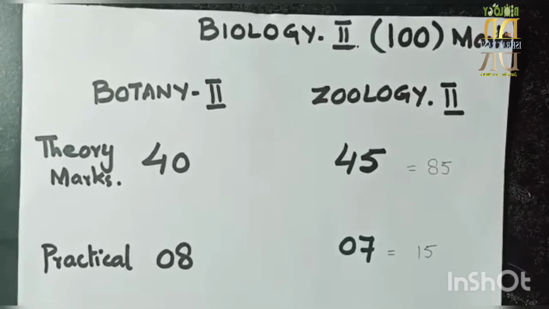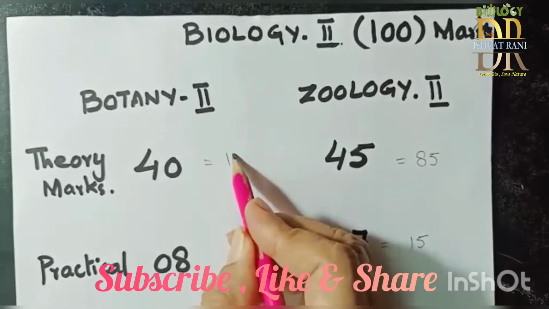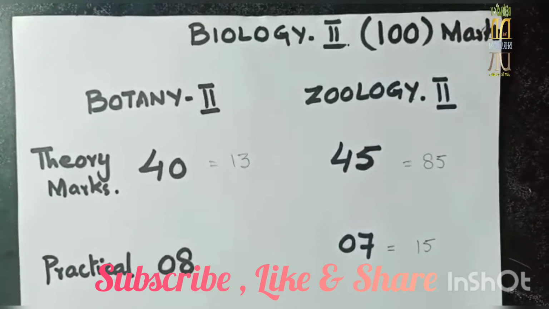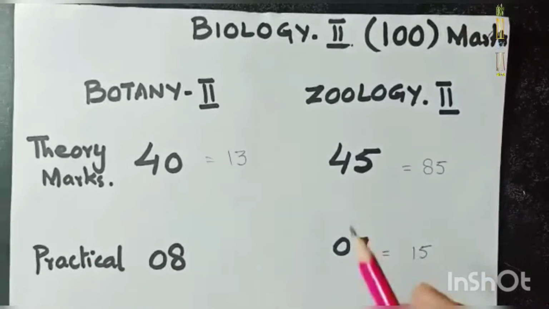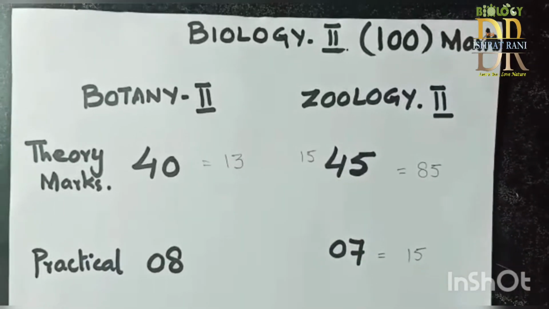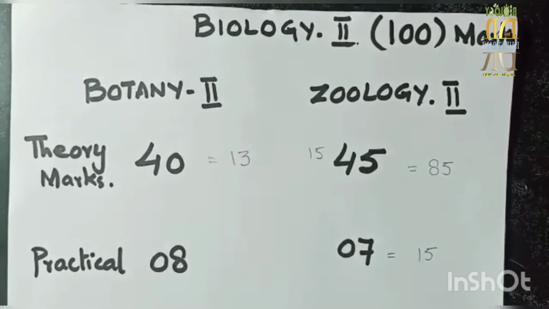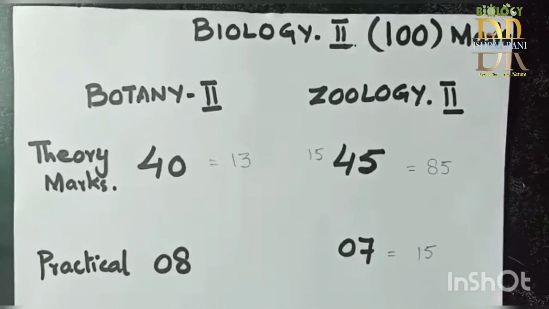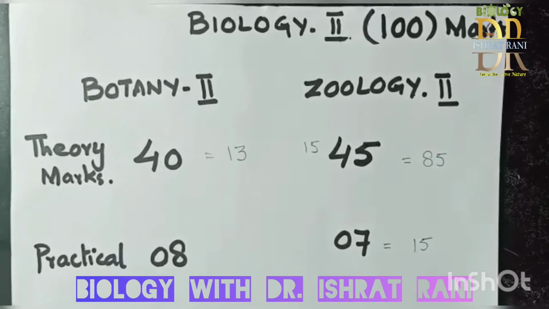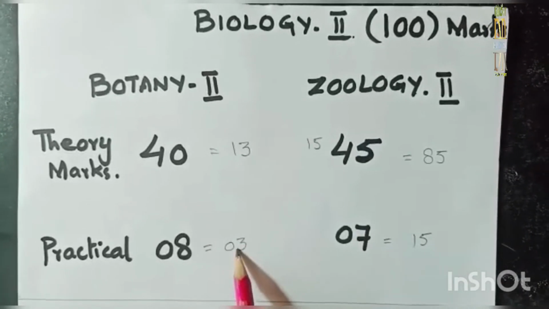For botany theory, you need 13 marks to pass the theory paper, while in zoology you need 15 marks to pass. These are the minimum marks you need to pass your theory papers of botany and zoology. Just like this, you need 3 marks in botany practical as well as 3 marks in your zoology practical.